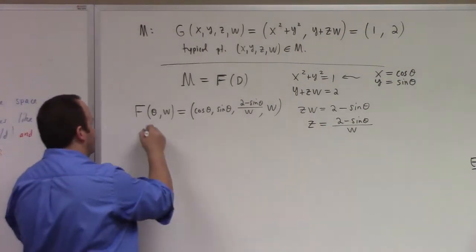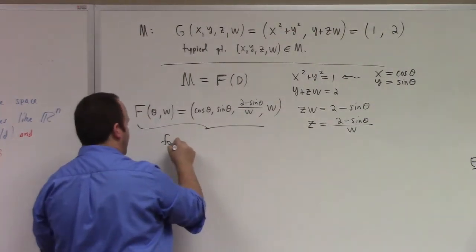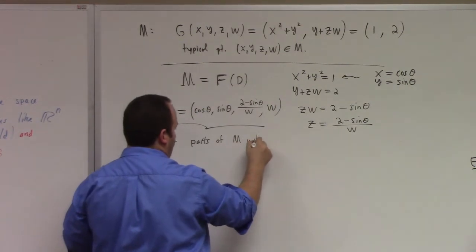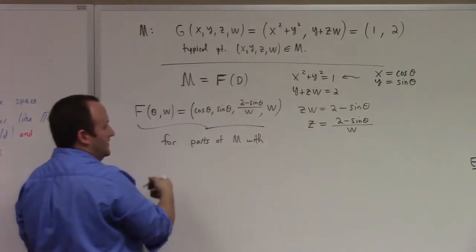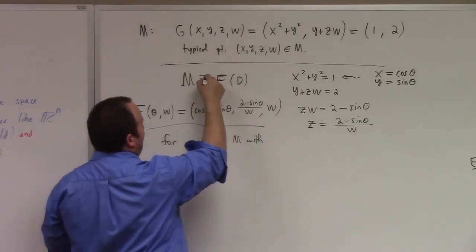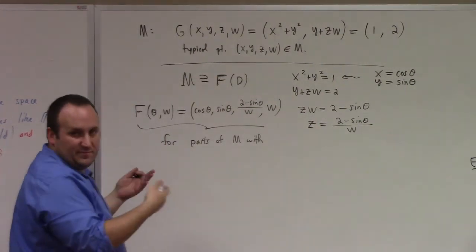This is for parts of M with w not equal to 0. I'm being fast and loose with language here. I should really say M contains this, to be more pedantic.